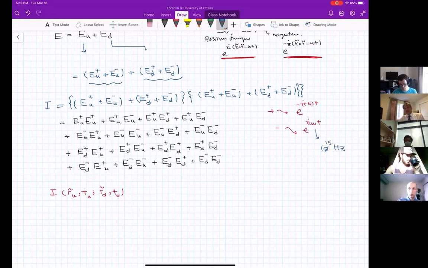This is the frequency of visible light that we usually use, between 10 to the power of 15 and 10 to the power of 16. What is the fastest detector that we can get? Picosecond. Reza says picosecond. Okay.